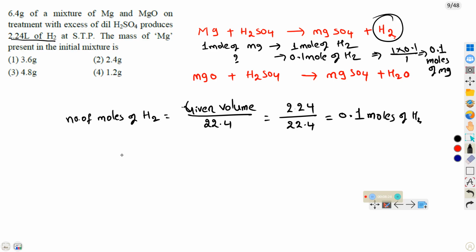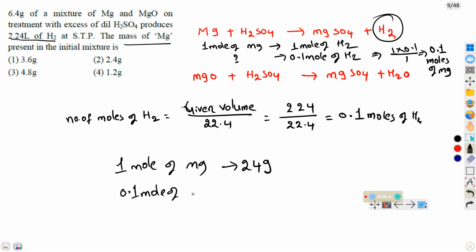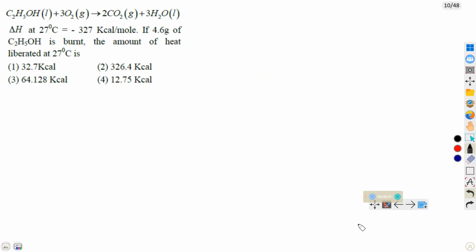Now the mass of magnesium: 1 mole of magnesium mass is equal to 24 grams. Then 0.1 mole of magnesium mass is 0.1 into 24, that is equal to 2.4 grams. Second option is the correct option.